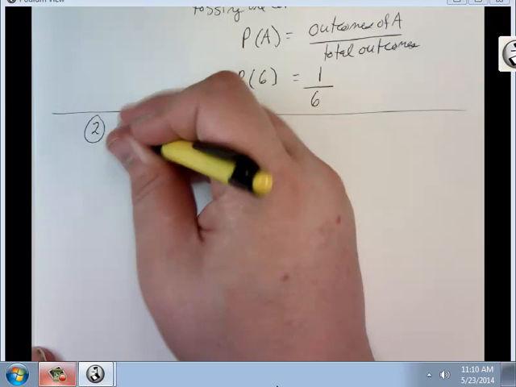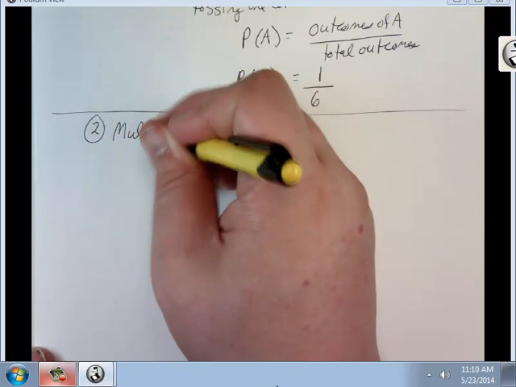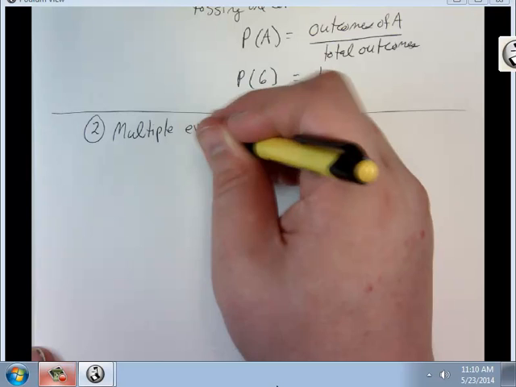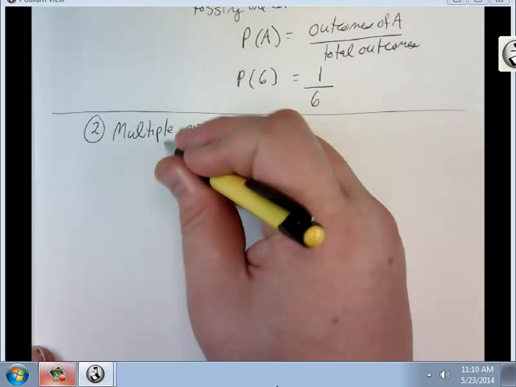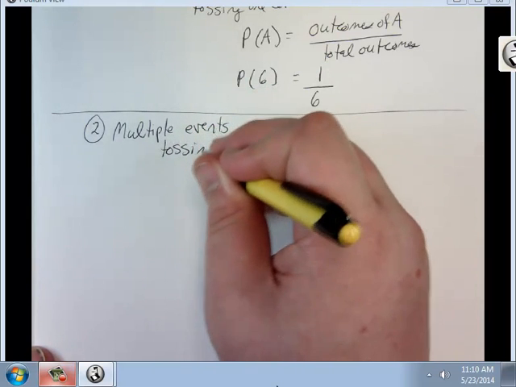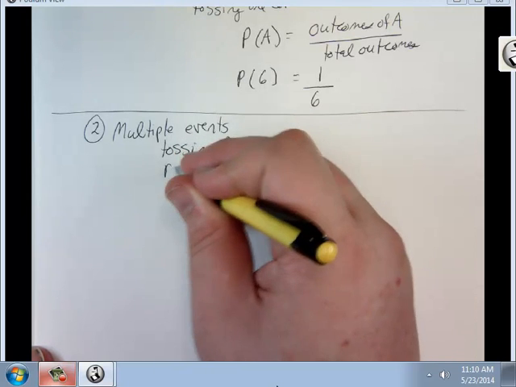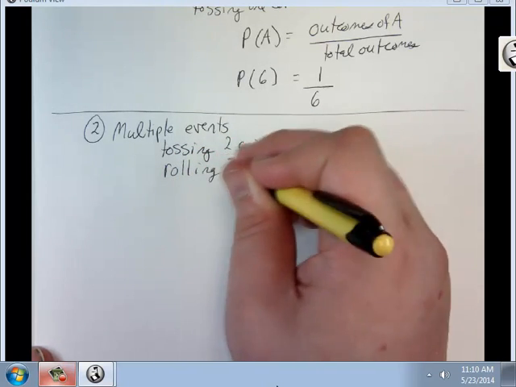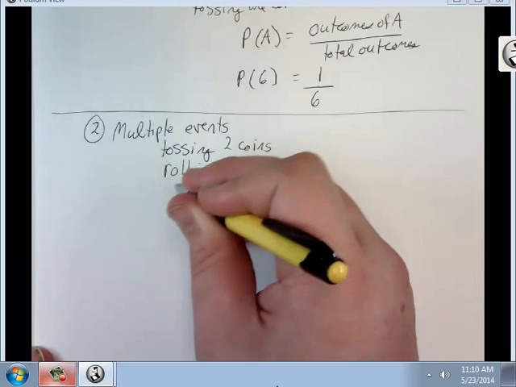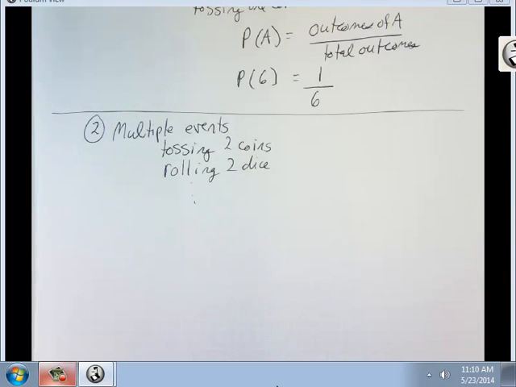Multiple events. Tossing 2 coins, rolling 2 dice, and so on. Now there are a few things that could happen here.